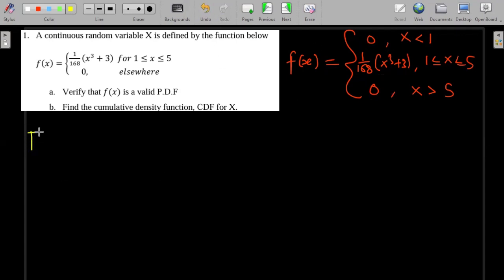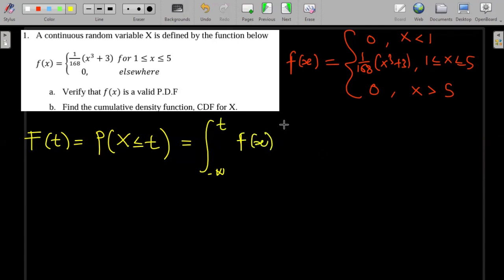So remember, we said CDF F of t is the same as the probability that x is less than or equal to some value t, which is the integral from minus infinity, the lowest value in the interval, all the way to t of f of x dx. Okay, so here we're going to start with the first one. The first one is just the cumulative frequency that x is less than 1.